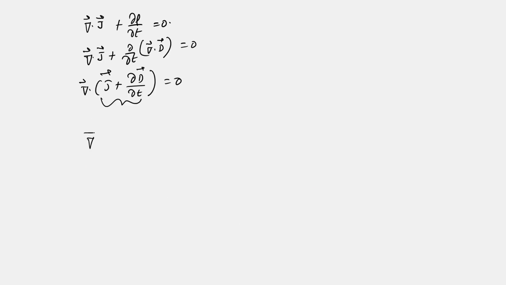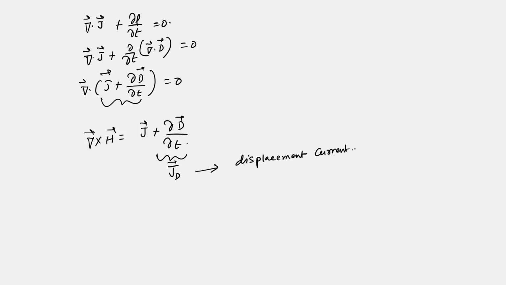So, we should have curl of H equal to J plus ∂D/∂t, and this is an important discovery, which is called the displacement current. As you see, it is a transient thing. As long as D is a function of t, it will exist, and it does not change anything.